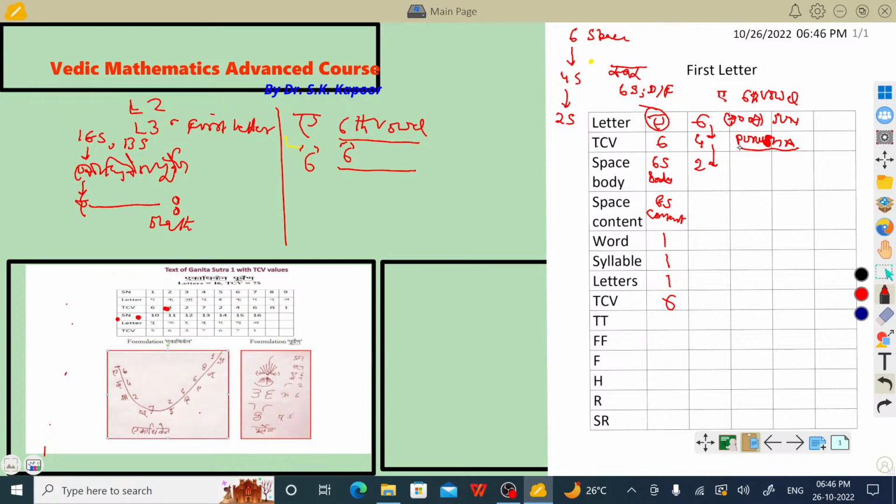A is a letter and it is pronounced as Ekara. This is 20 and 6. It makes value 26. So here we will have a tabulation of values 26.